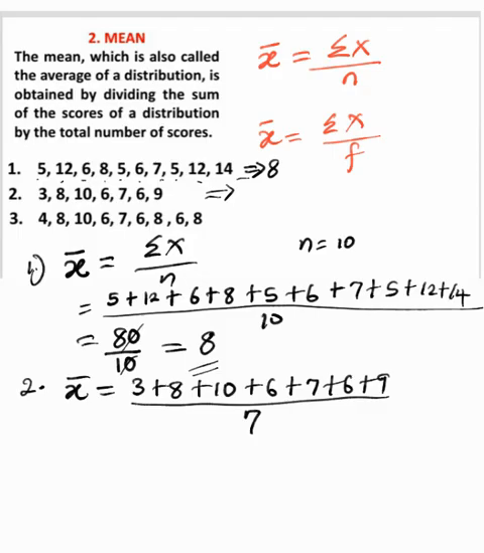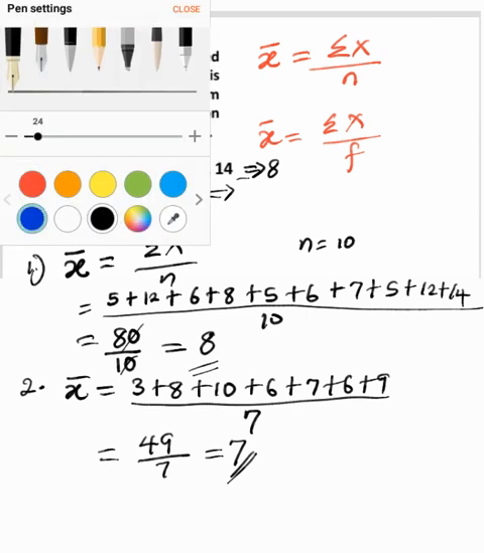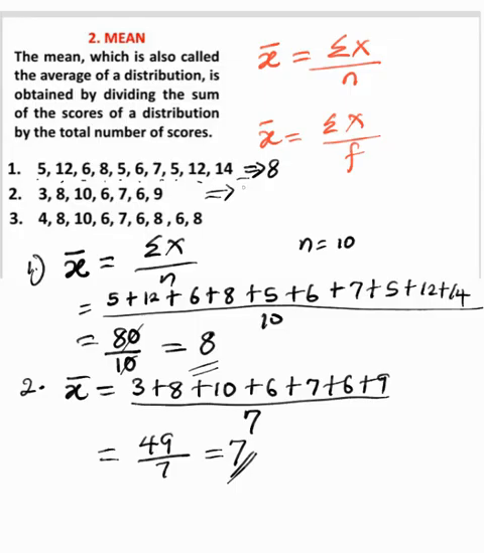So we have 7 altogether. If we add all these numbers, we have 49 over 7. And 49 over 7 is 7. Therefore, the mean for this second question is equal to 7.